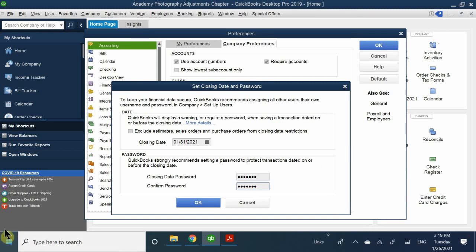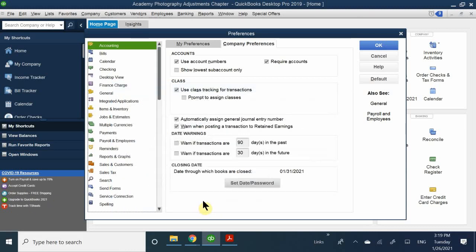Once you set the password and click OK, then when that date comes, when January 31st comes and you're trying to access the file, it's going to say, sorry, QuickBooks has locked up all the files. You cannot enter anything. You cannot do anything. All you can do is view the files. You can only view the transactions.